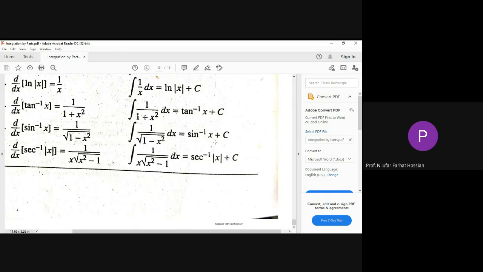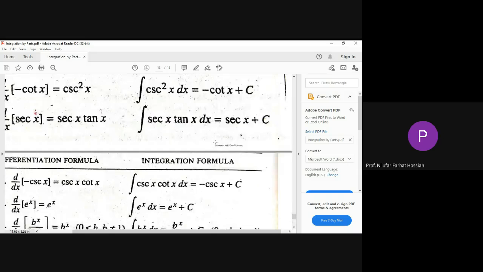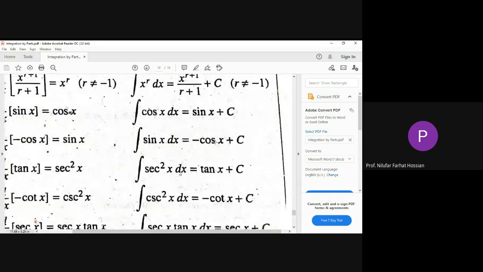That's all. Okay, so it is not the way to memorize it like this, that d/dx of sine x is cos x, d/dx of cos x is minus sine x. If you do as many problems as you can, the results will automatically be in your memory.